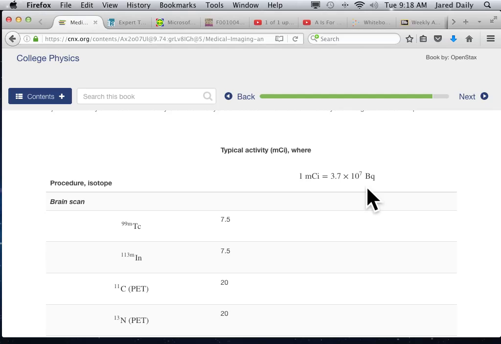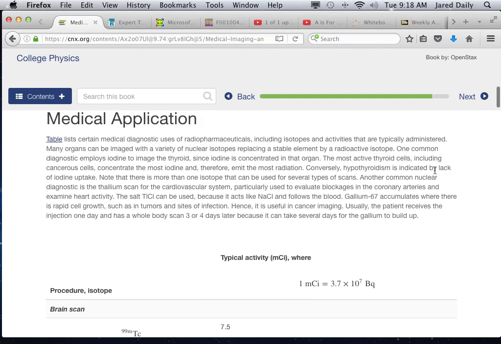Okay, so let's talk about some things here. One of the common uses of radioactive isotopes in medicine is imagery.